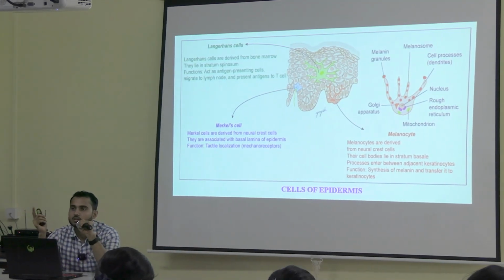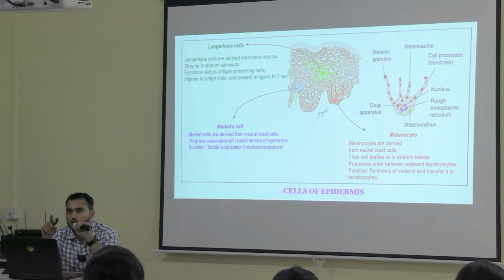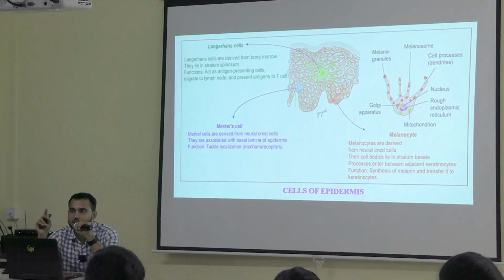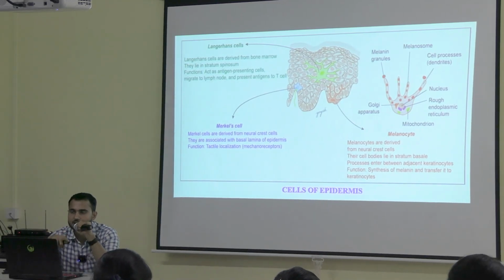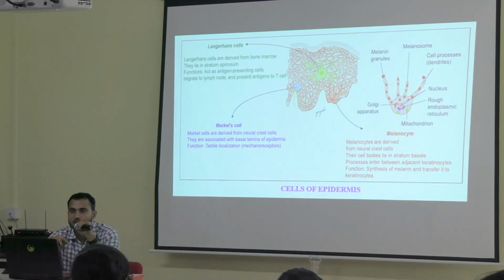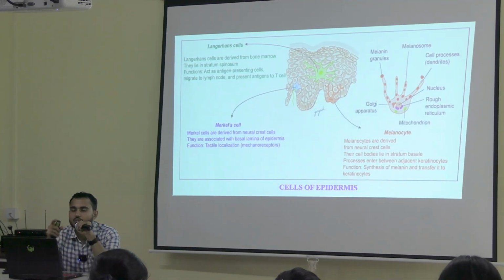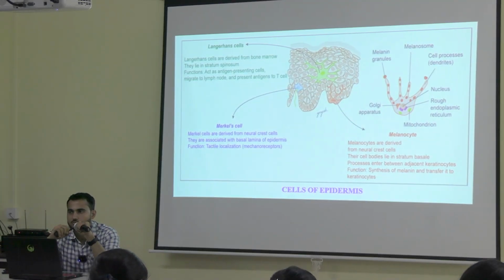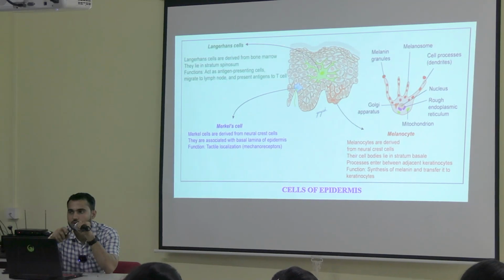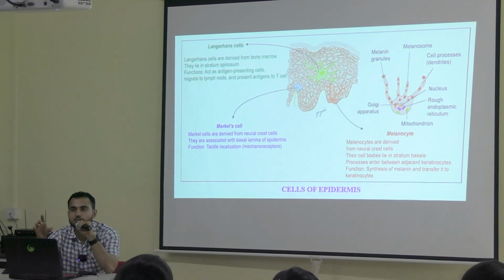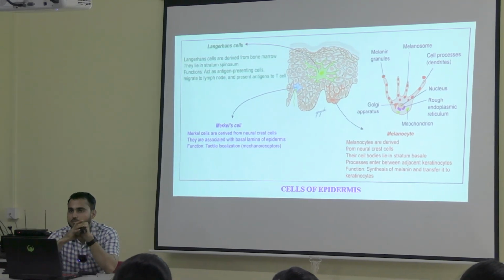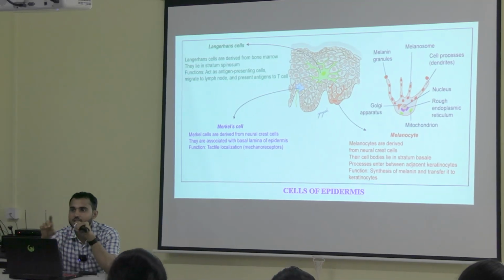Now I will show you two images. First, the image of thin skin, and next, the image of thick skin. Try to differentiate between thin skin and thick skin. What are the differences? The most important thing to see is the stratum lucidum.